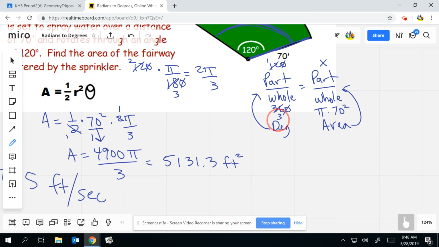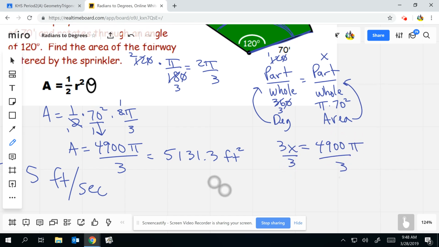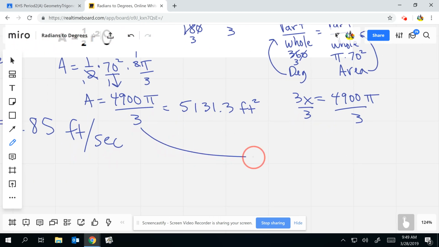So you get a 1/3 there. So 3 times x would be 3x. And this is just a 1 up here, so there's nothing up there. It would just be pi times 70 squared, so it would be 4,900 pi. And if you divide by 3, you get the exact same answer we had here.